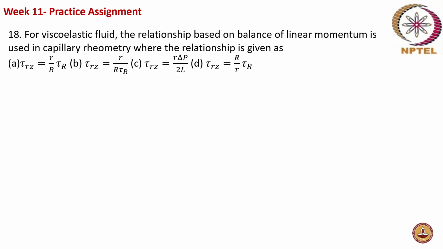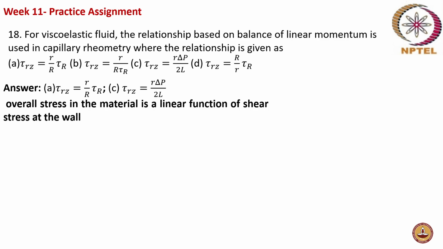So how is the relation? So two options are right in this case. Option A, shear stress tau rz is equal to small r by capital R into tau R. Also option C, tau rz is equal to r into delta P by 2L.